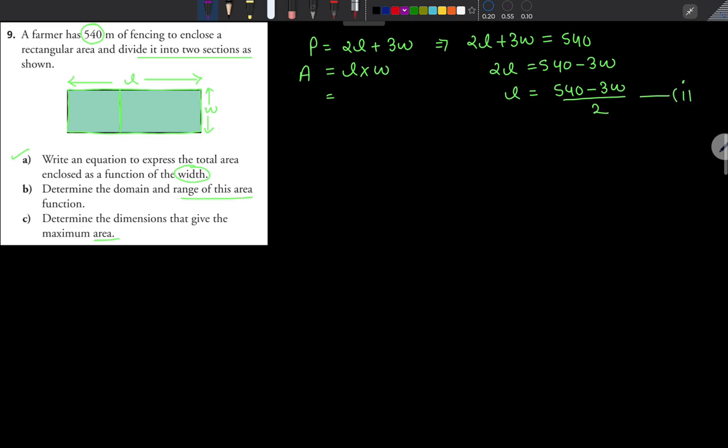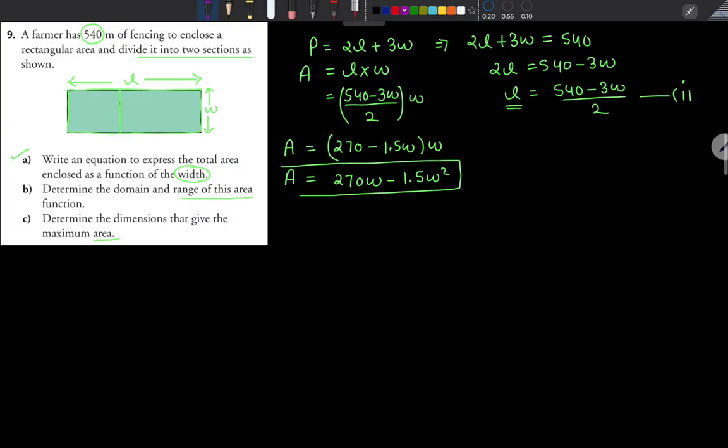Let's call this equation number 1, and substitute the value of L in the original area function. This will be 540 minus 3W over 2 times W. Dividing, A will be 270 minus 1.5W times W, and the final function looks like 270W minus 1.5W square. So this is the required result for part A.